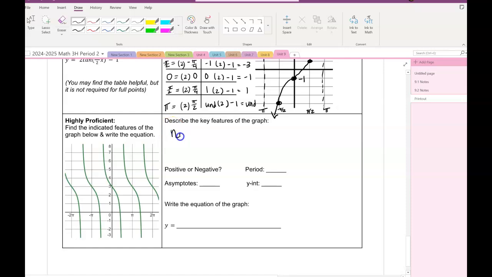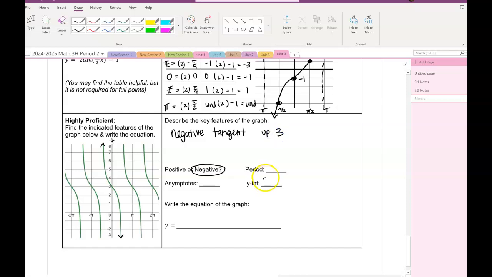So it's going to be a negative tangent. And how I know that is I look at the y-axis, which is right here, and we're going up first, then down. So it's going to be negative, and then we're up 3.